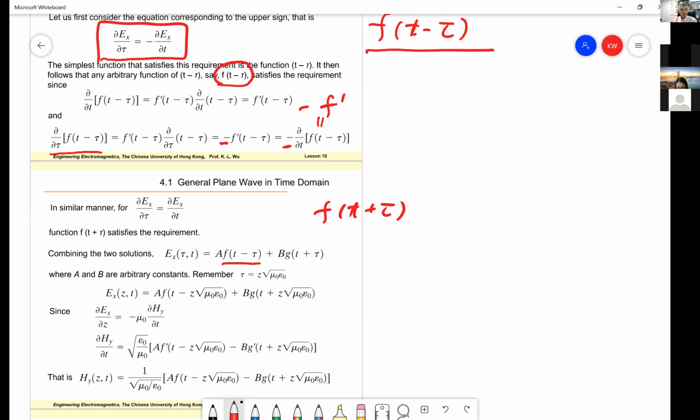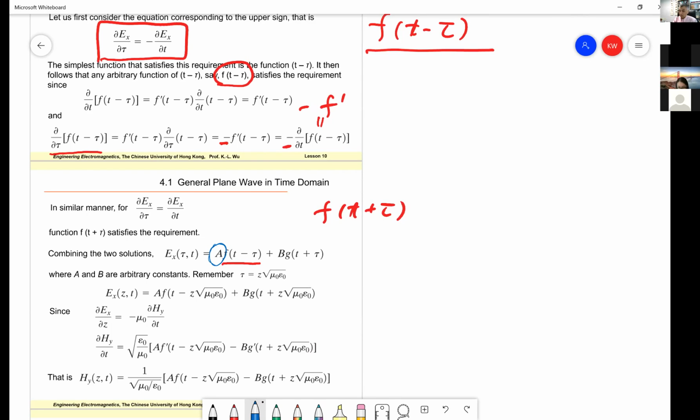But to be more arbitrary, I multiply by a constant a. This is even more arbitrary, right? This a is really not necessary to add there, but it doesn't hurt.